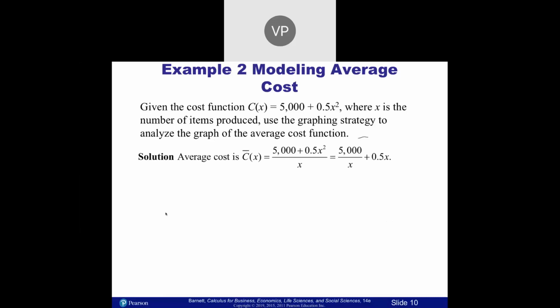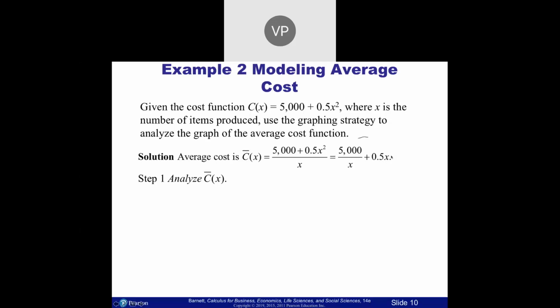See if you can figure out where they're getting this from, but we talked about this a couple times. Average cost is the cost divided by the number of units, in this case, the items produced. So you take the original function, simply divide it by x, and that's how you get the average cost function. Then they clean it up a little bit, that becomes 5,000 over x, and 0.5x squared over x becomes just 0.5x.